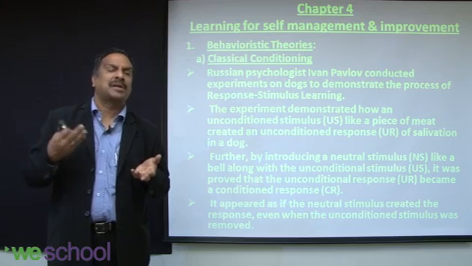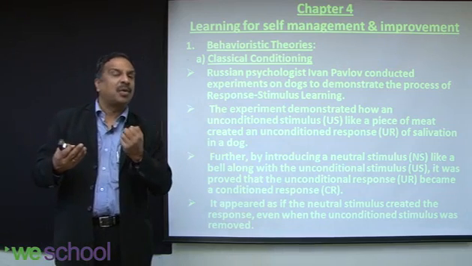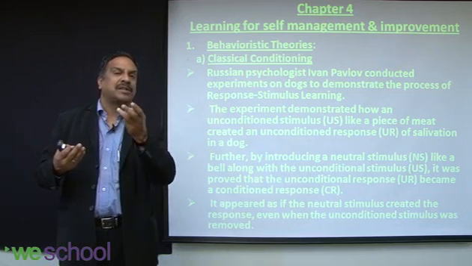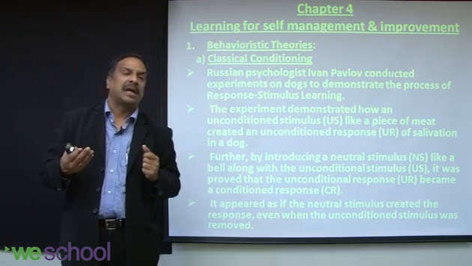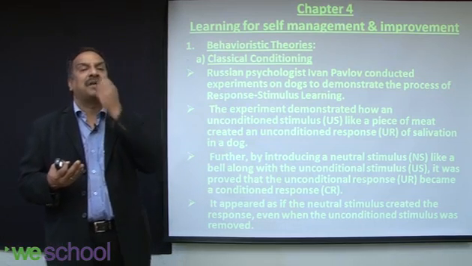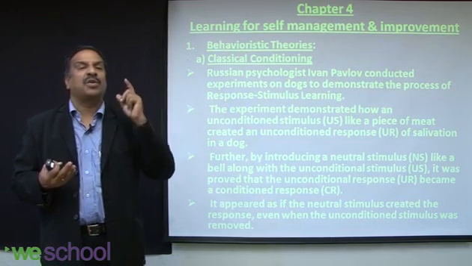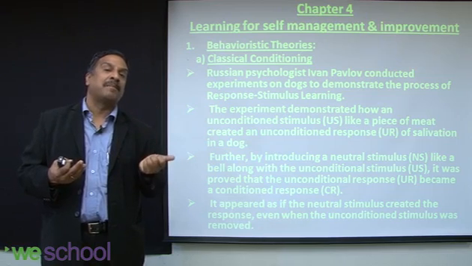Now guess what happened in the third stage? In the third stage, the meat was removed and only the bell rang. And you would all be guessing what happened to the dog. The dog salivated. What was the original cause of the salivation? The meat. Now what is the cause of salivation? The bell.